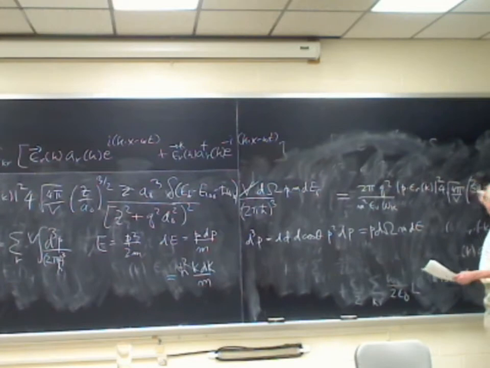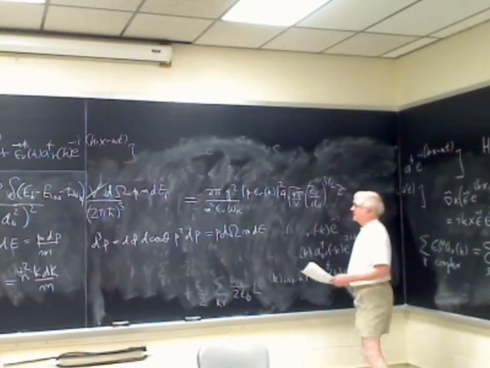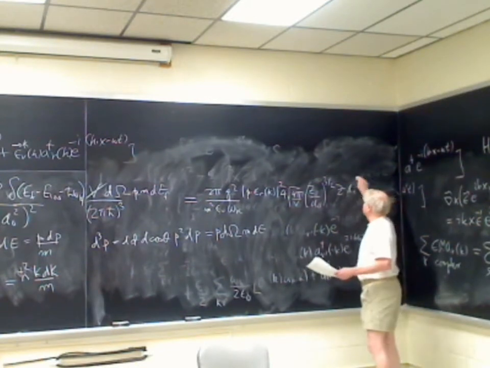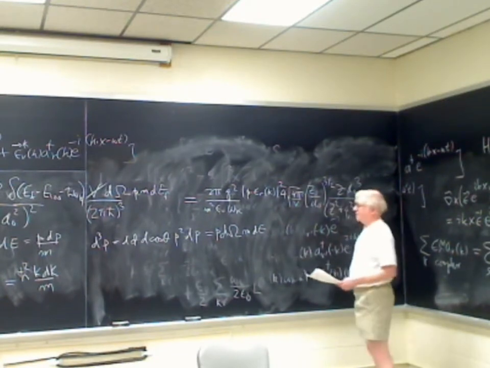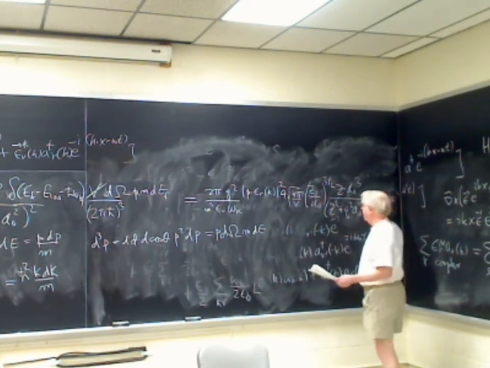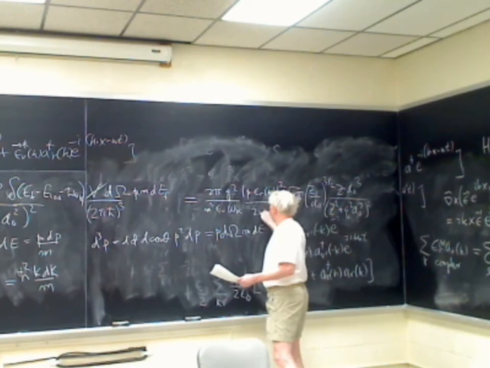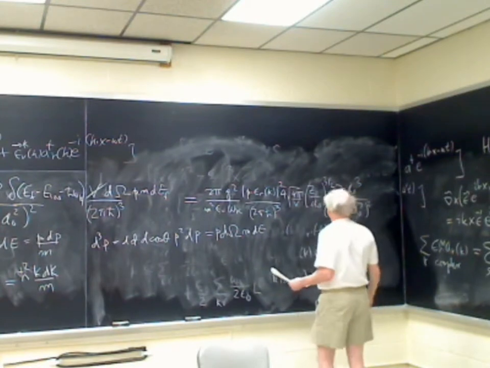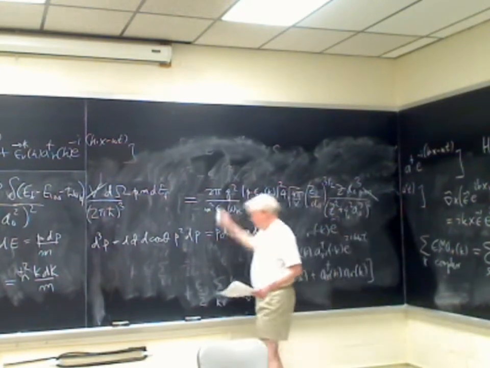We then have Z over a0 to the 3/2, and then another Z, a0 cubed over Z squared plus q squared a0 squared, and then we've got 2 pi h bar cubed there, and then we have a pm. Well, that m cancels this 2 here.